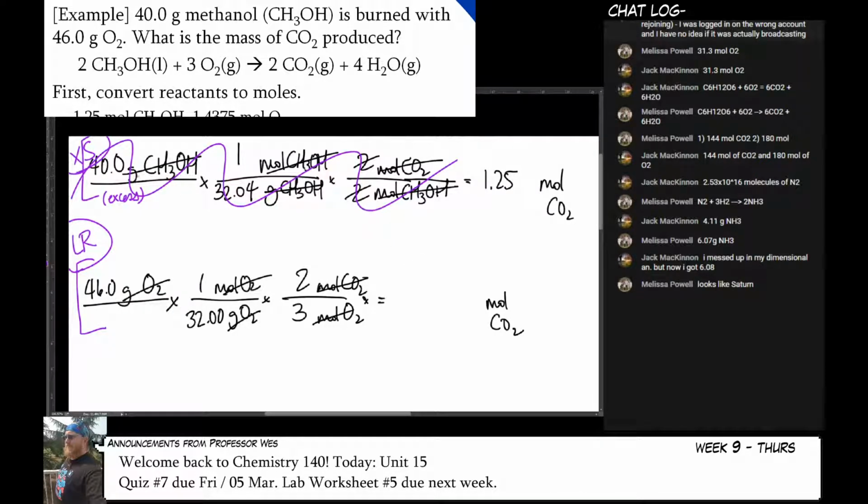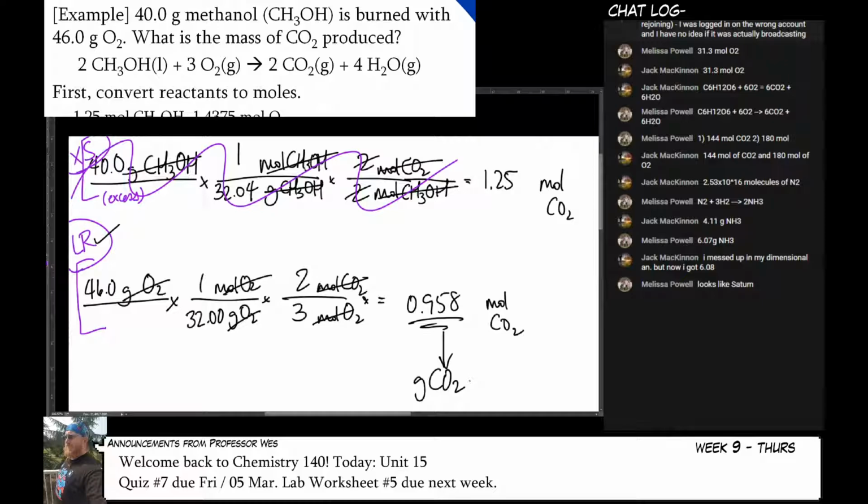So 40 grams of methanol would make 1.25 moles of CO2, and 46 grams of oxygen would make 0.958 moles of CO2. This is still lower, so it's still the limiting reactant. And then I could use this to figure out grams of CO2, which we just did.